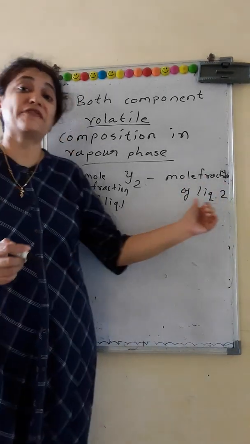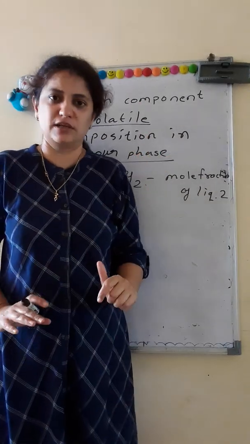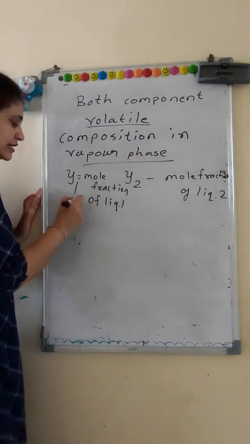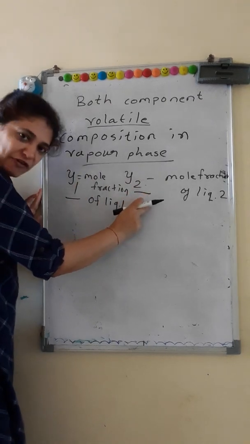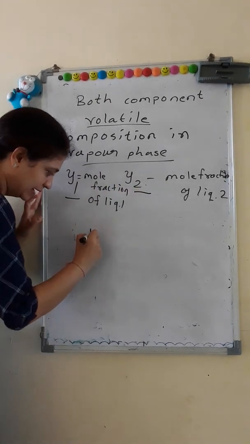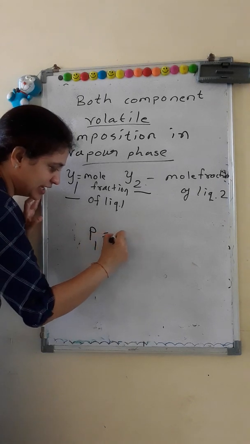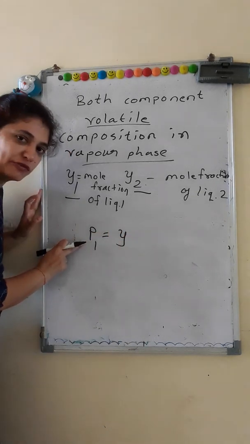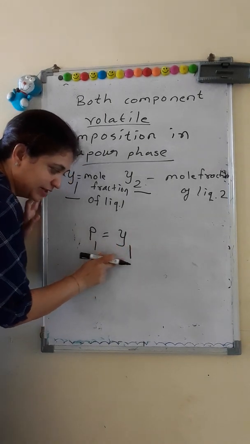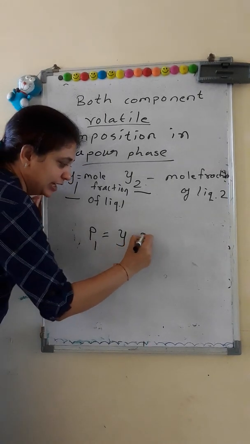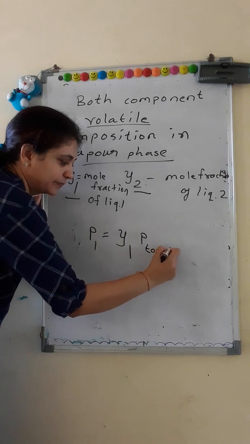Now these are the mole fractions in vapor phase, not in solution phase. So in vapor phase, if mole fractions of liquid 1 and 2 are denoted with letters Y1 and Y2, then P1 will be equal to, means partial pressure of component 1 or liquid 1 will be equal to Y1, means its composition in vapor phase, into P total.